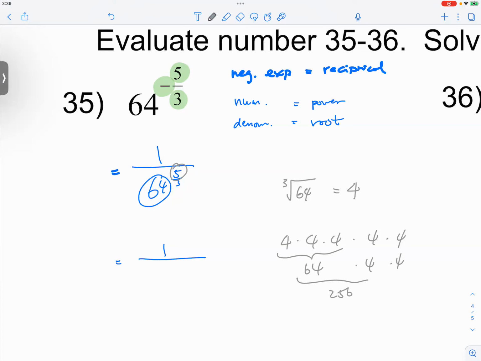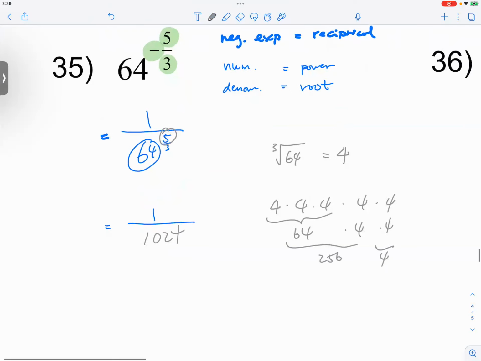And then 256 times 4 would be 1024. Now how can I do this a lot faster? Think about 250 times 4, and then 6 times 4. 250 times 4 is a lot easier because that's just 1,000. 6 times 4 is also very easy, it's 24, so 1024. So that's how you do it.